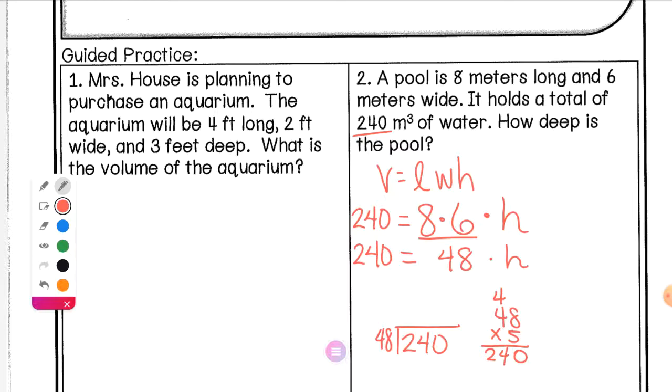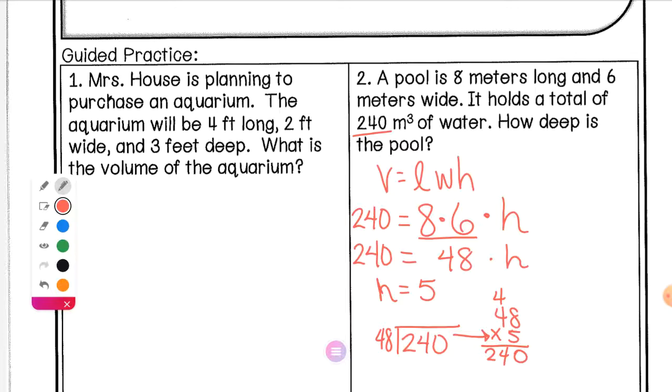So is that my answer? Am I just done? No. What should I write? Your answer. So under this, let's write h equals 5. Because we just figured that out. That's why we did this. It has words in my problem, so I need words.